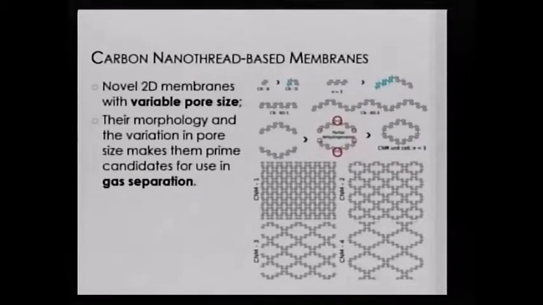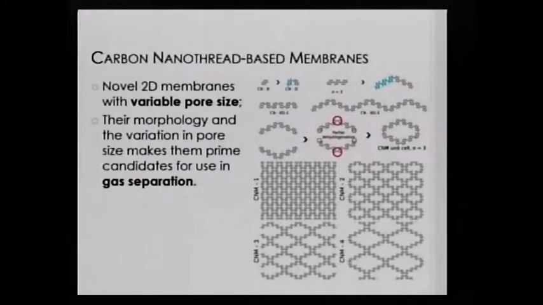In this case, you take 3 cells and connect them with their equivalent mirror, and you get these corrugated nanothreads, as we can see here. Taking a step further, we can combine these corrugated nanothreads with their own image in the z-axis, shown here, and we create the unit cell of these membranes.